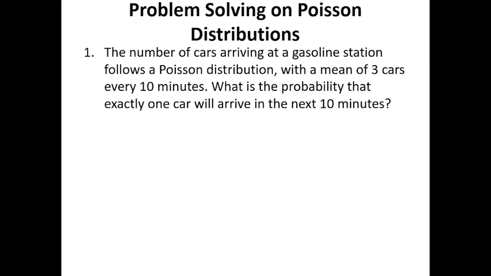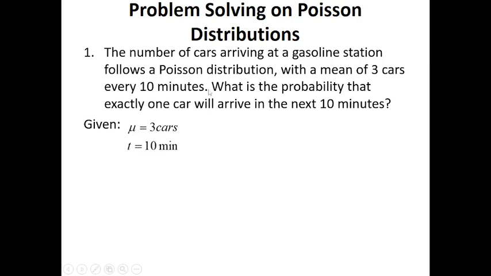Let us analyze the problem. Given we have the mean of 3 cars, the average number of cars arriving at the gasoline station. When we talk about average number, we are pertaining to the mean. So we have 3 cars, and this will now be the notation mu.